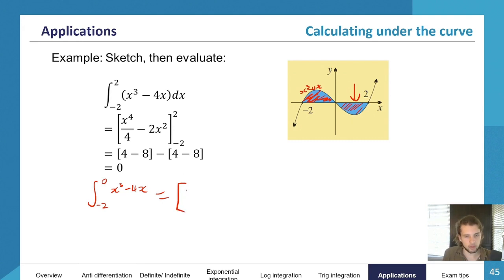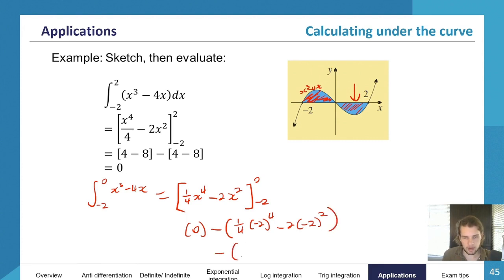We have 1 over 4 x to the power of 4 minus, my mistake, minus 2 x to the power of 2, 0 minus 2 there. If I substitute 0 in, that's going to be nothing. So I'm going to say 0, and then minus the second value we substitute in. So we have 1 over 4, then minus 2 to the power of 4, minus 2, then minus 2 to the power of 2.